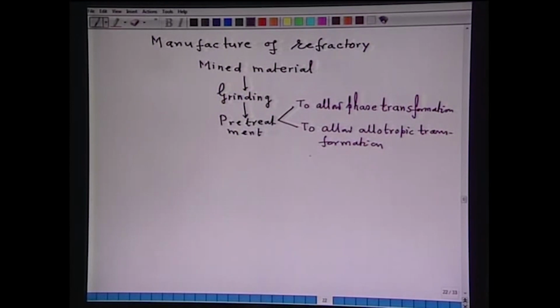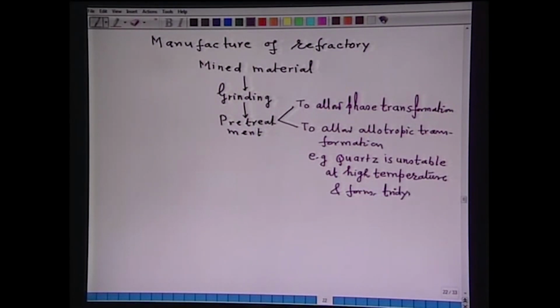Now, say for example, quartz is unstable at high temperature and forms tridymite and cristobalite.